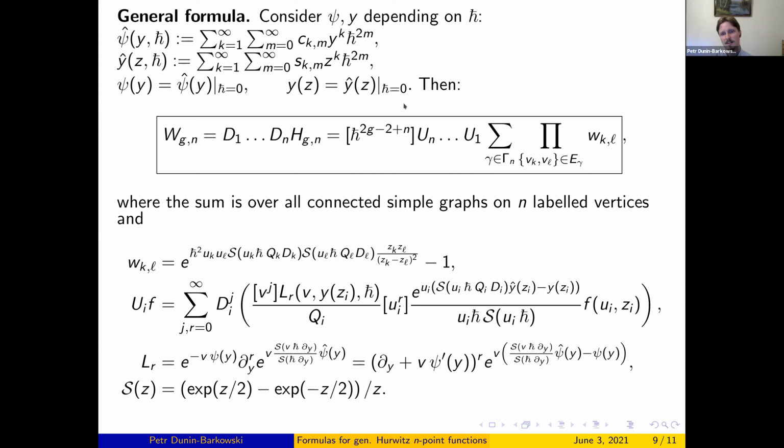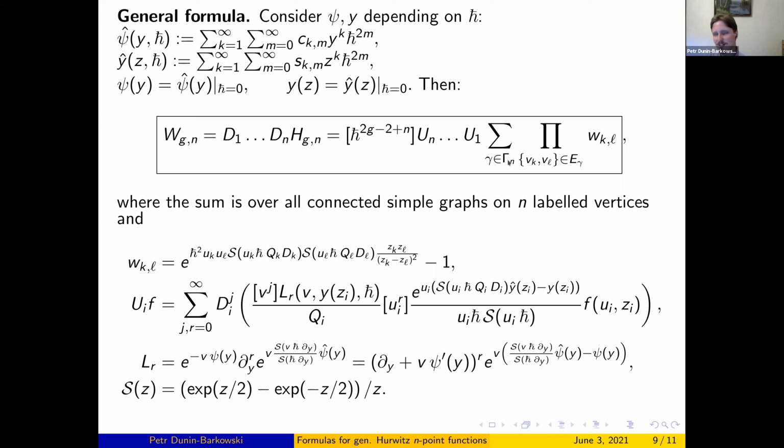We get a relation like this, a functional relation. On the left, you get the endpoint function for fully simple maps, and on the right, you get a formula like this with a very similar operator U here, and in place of WKL, in the exponential, you get WGNs of maps.